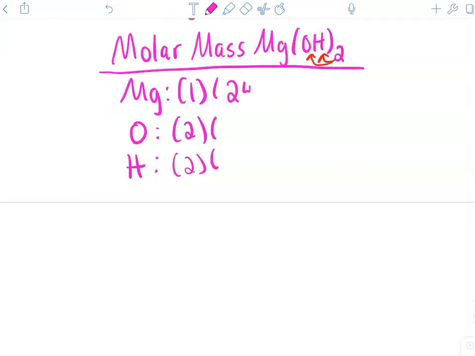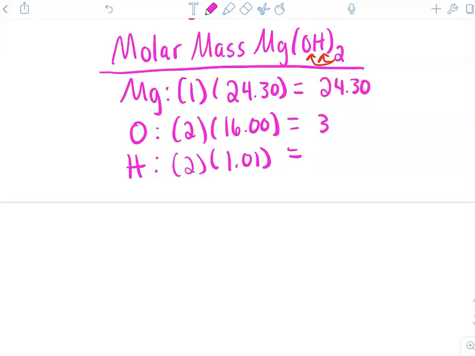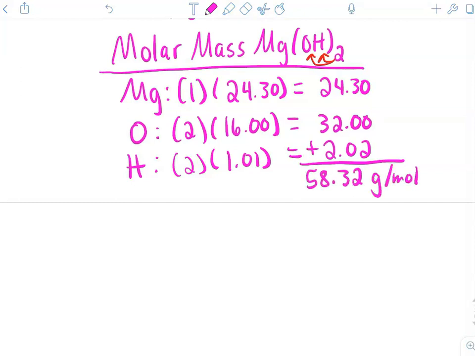So 24.30, 16.00, 1.01, 32, and then 2.02. Add those all together, and you get 58.32 grams per mole of magnesium hydroxide.